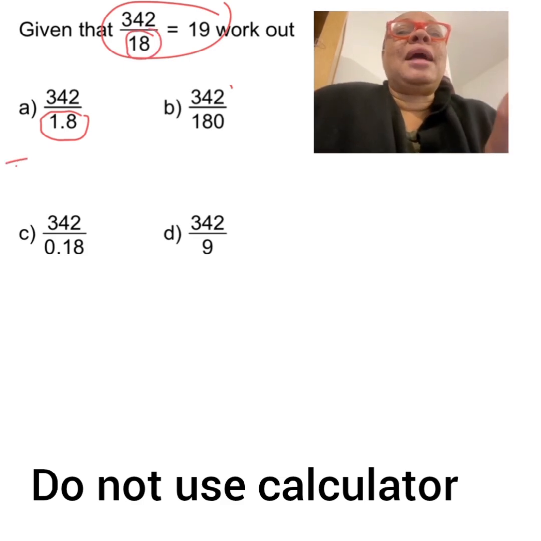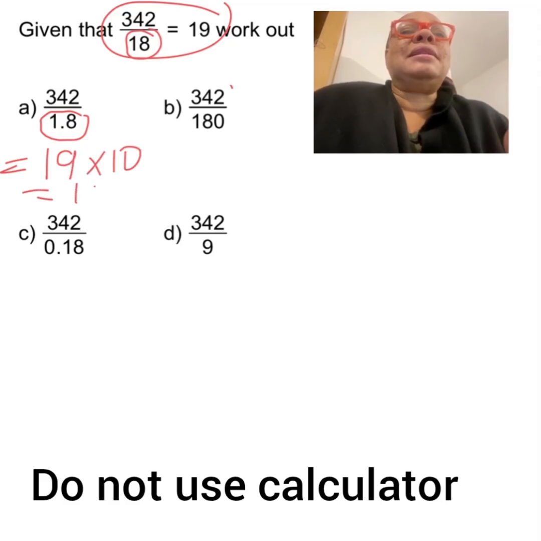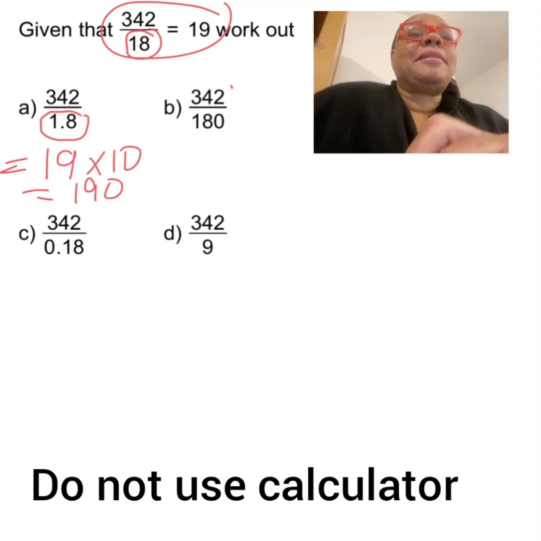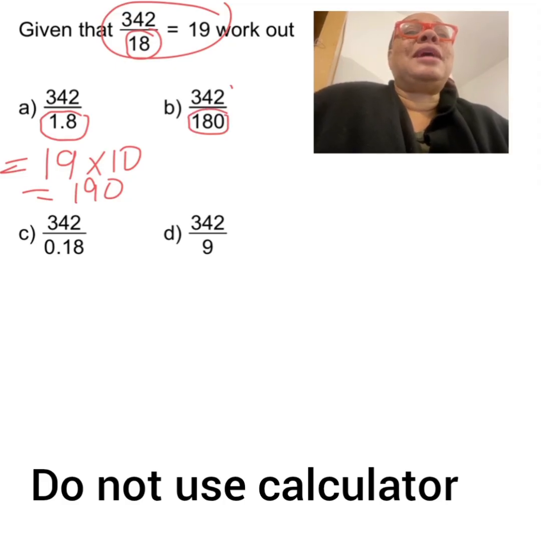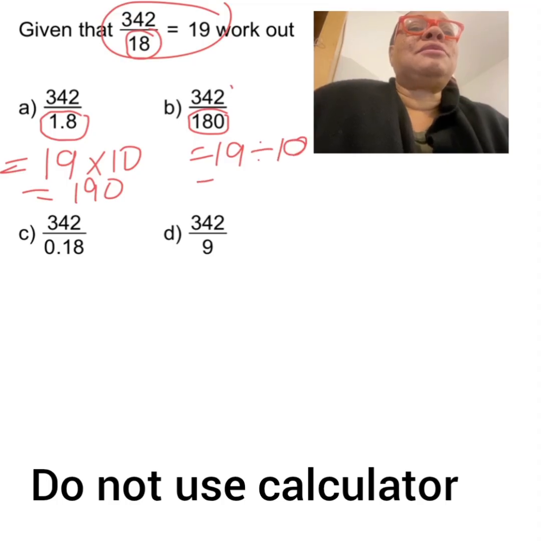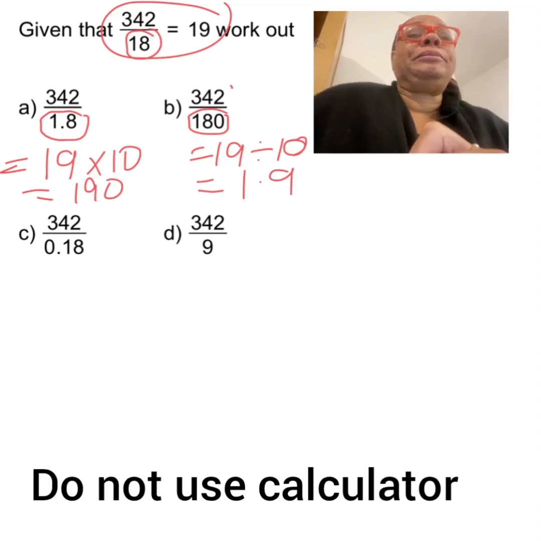So our original answer, which was 19, is going to become 10 times bigger. So that's 190. The answer is 190. Now let's look at B. The denominator is 10 times bigger than the original denominator, which means that our answer is going to become 10 times smaller. So we have to divide by 10. So that's going to be equal to 19 divided by 10, and that's going to be equal to 1.9.